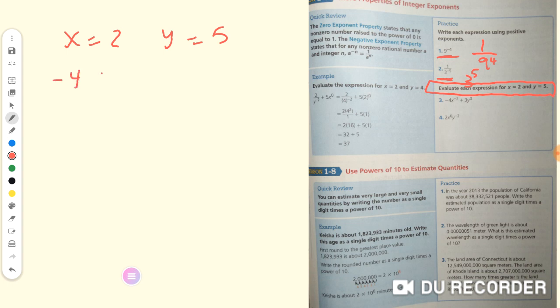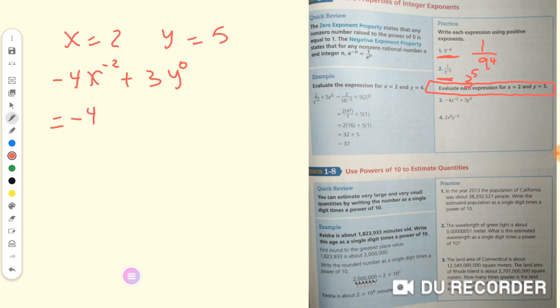Negative 4x to the power negative 2, plus 3y to the power 0, equals negative 4x.